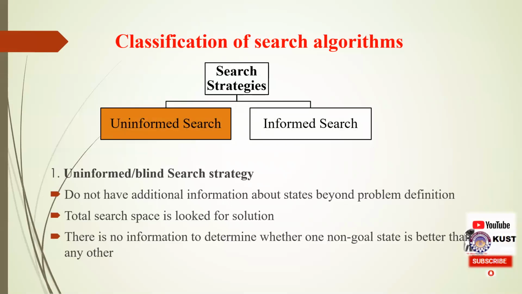One does not know whether the current exploration is likely to be fruitful or not, and therefore the total available search space is looked at for the solution. There is no clue to determine whether one non-goal state is better than any other, or whether one non-goal state will reach the goal state or not.